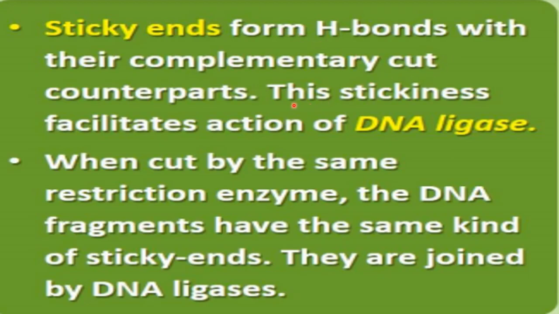And this stickiness facilitates the action of DNA ligase. DNA ligase is helping here to make the bonds between these two fragments of DNA, right? So the DNA ligase enzyme is responsible here for the ligation of these two fragments of DNA.